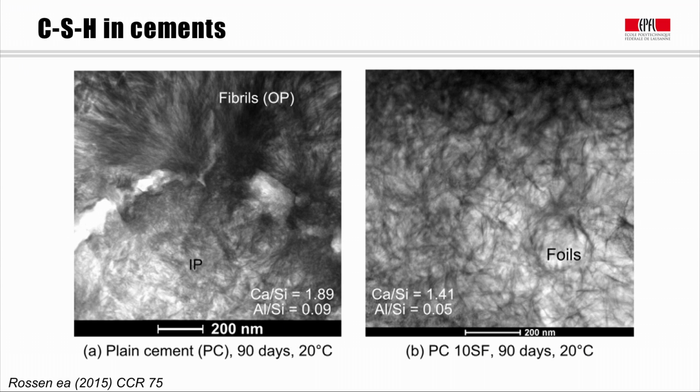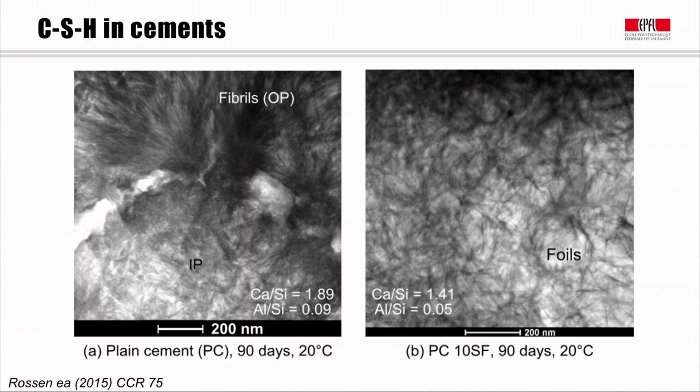At this very fine level, people often distinguish two types of morphology: the morphology we see on the left here with these kind of fibrils of CSH, and the morphology we see on the right, which is said to be kind of like foils. But in neither of these cases, even though we're at quite high resolution here of 200 microns, do we really see any evidence for these colloidal particles. Of course, we don't see the CSH layers either.